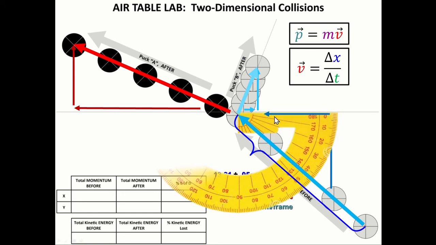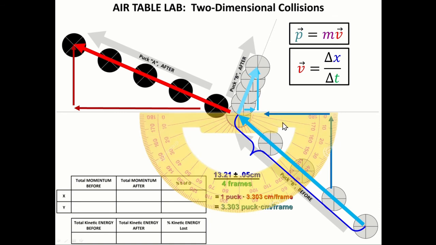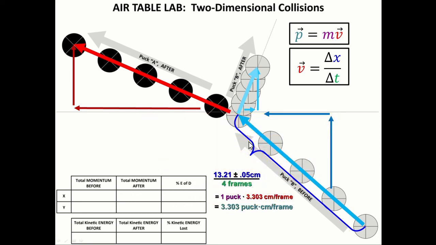And I need to know the angle. So I'm going to use a protractor here, get the vertex right there, and measure that angle as precisely as I can. And I found it was about 41.1 degrees, plus or minus about half of a degree. So knowing this hypotenuse here and this angle, I can calculate this horizontal component by taking the hypotenuse times the cosine of the angle.